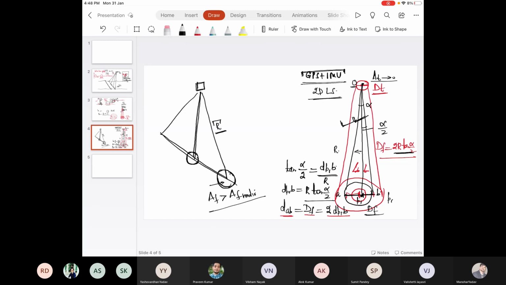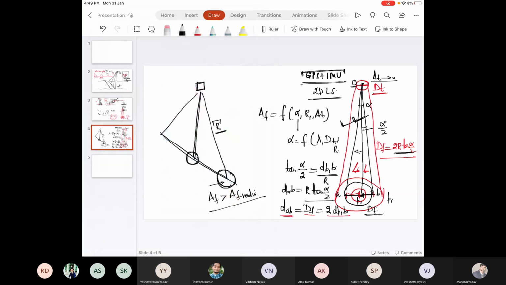We have seen that AF is a function of how many parameters? A function of alpha, the diffraction angle, and of the transmitter diameter dt. This alpha is further a function of lambda as well as the transmitter diameter dt.